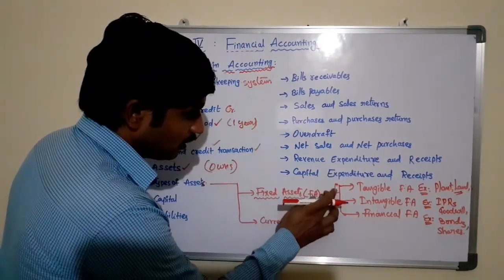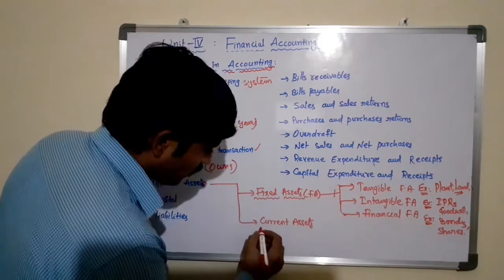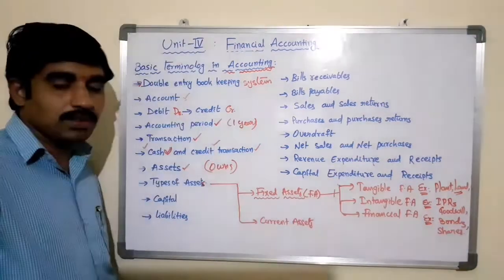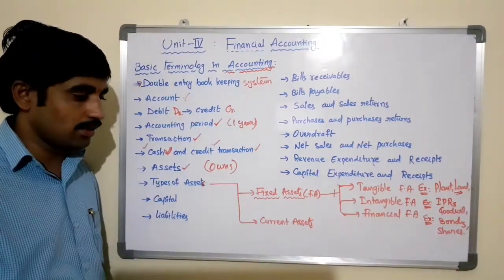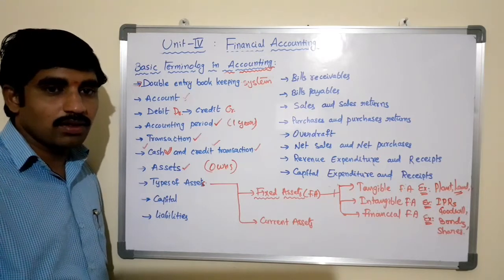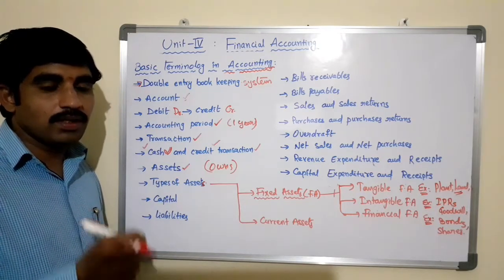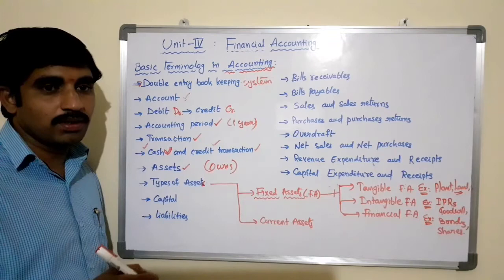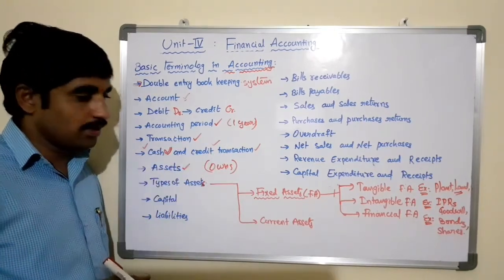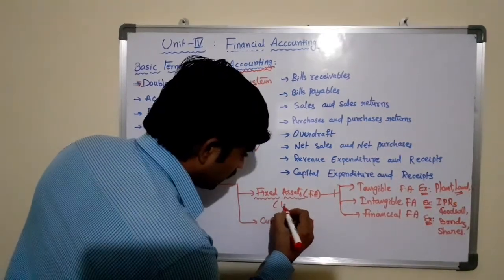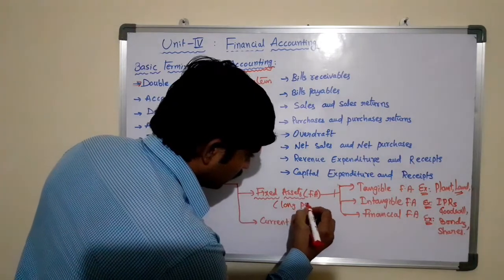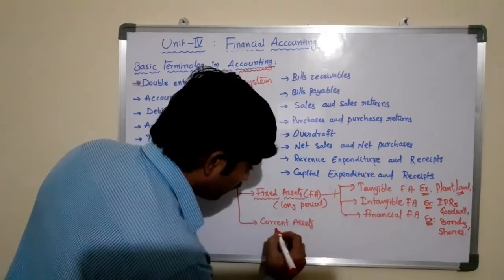Now let us see the second type of asset, which is called a current asset. Current assets are the assets which will give service to the company for a short period.